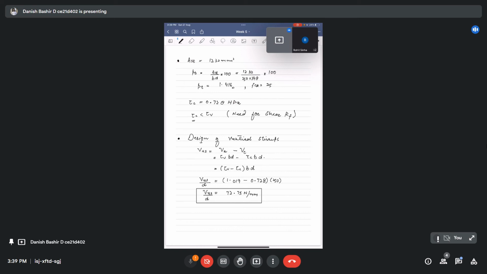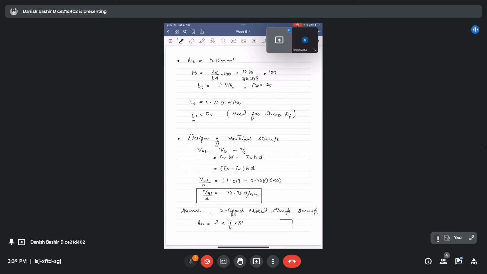From this, we will assume we are using two-legged closed stirrups of 8 mm diameter. So if we calculate ASV, which represents the area of stirrups, ASV is 2 into pi by 4 into 8 square.